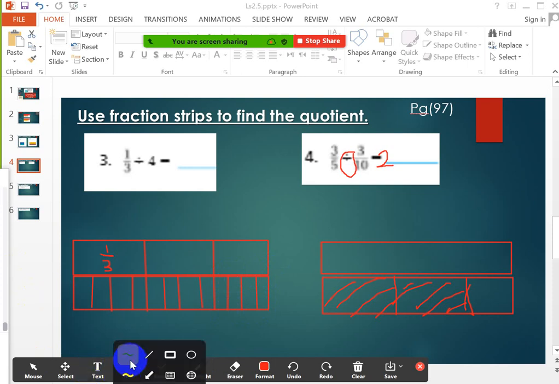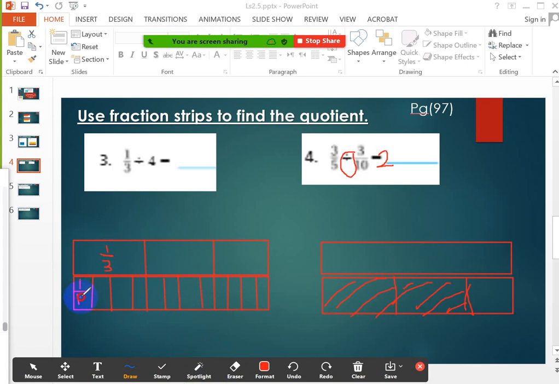Now, let's count here the number of parts. 1, 2, 3, 4, 5, 6, 7, 8, 9, 10, 11, 12. I have 12 equal parts. Each one of those is 1 over 12.